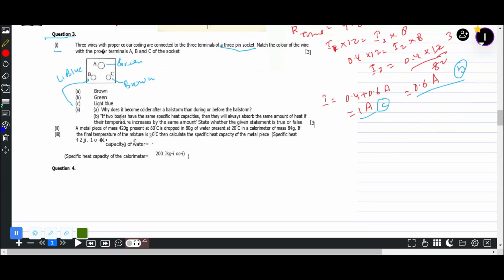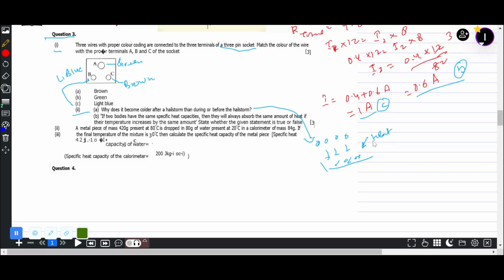The second one is, why does it become colder after a hailstorm? After the hailstorm, not during or before the hailstorm. Now what happens is, a hailstorm is snow or ice particles falling from the sky down to the earth. When they fall down, they actually absorb heat from the atmosphere to melt.